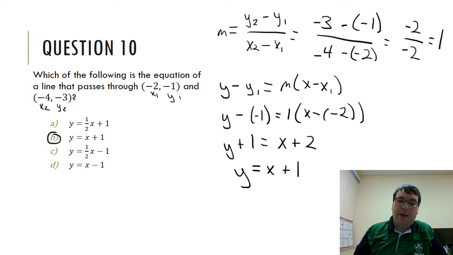So we have y minus a negative 1 is equal to 1 times x minus a negative 2. Cool. So let's just make this look a little bit better. We know that's y plus 1. We know 1 times anything is just itself, so that's going to be x, and then that's double negative, so that's x plus 2.